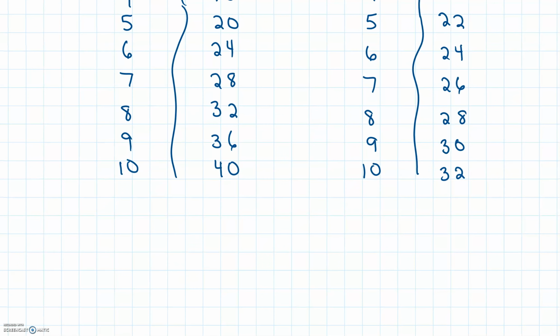We have to classify each membership as direct or partial. So membership A, if you notice, the table starts at 0, 0, and there's no initial cost in this case. If you remember from yesterday, there's a specific way of saying this. Membership A is a direct variation because it starts at 0, 0.